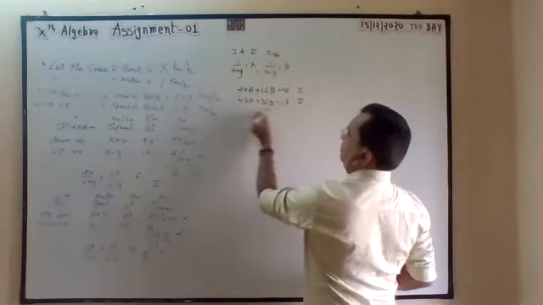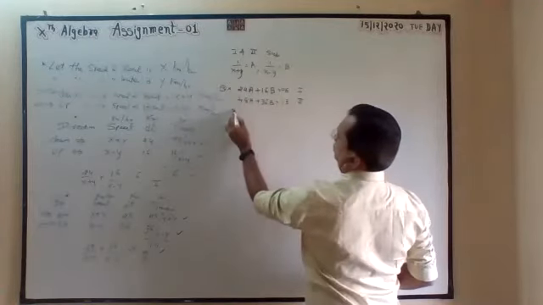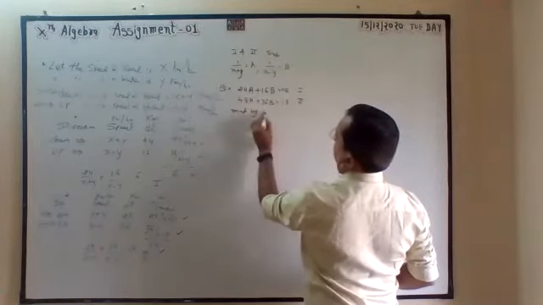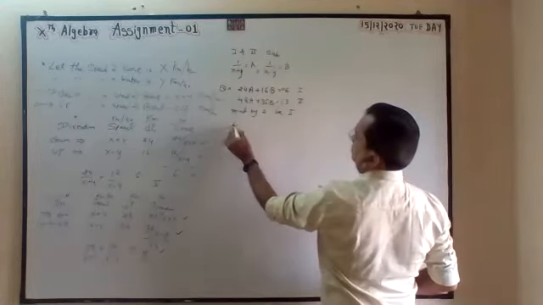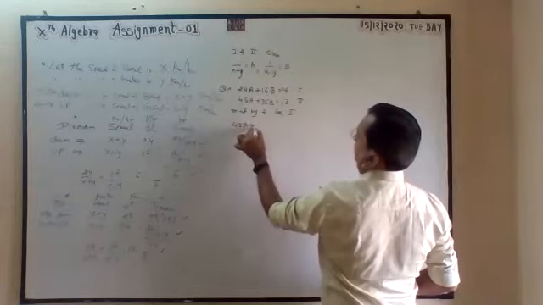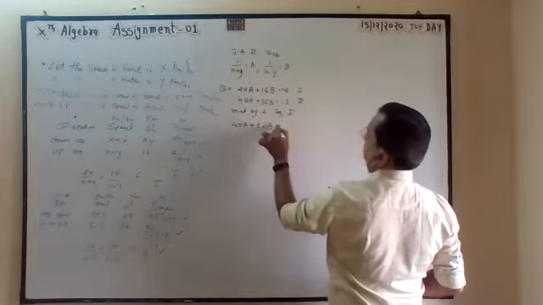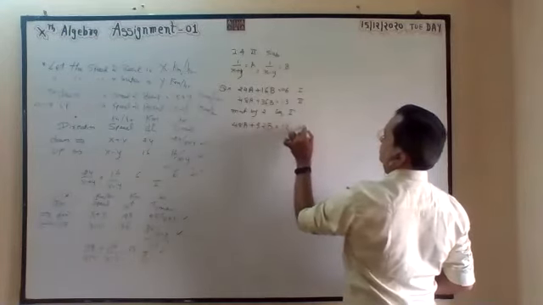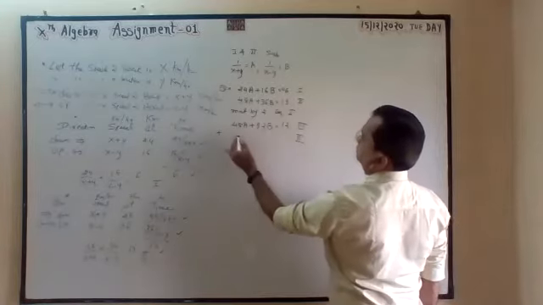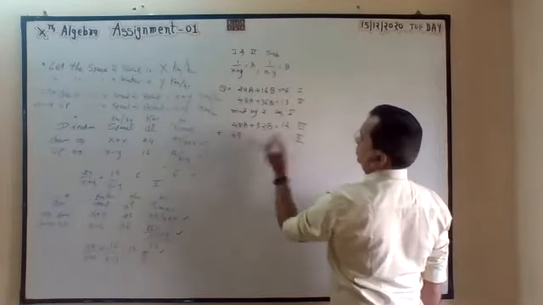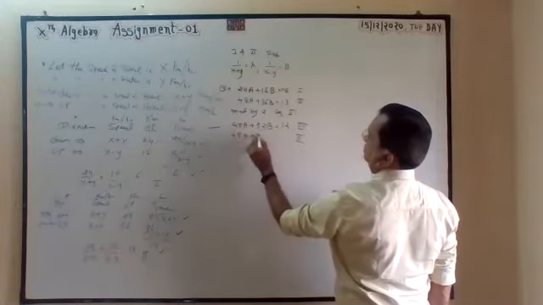I can't divide this by 2 because this is an odd number, but I can multiply by 2. So multiply equation first by 2: 48A plus 32B. Minus equation number 2, because same alphabet.